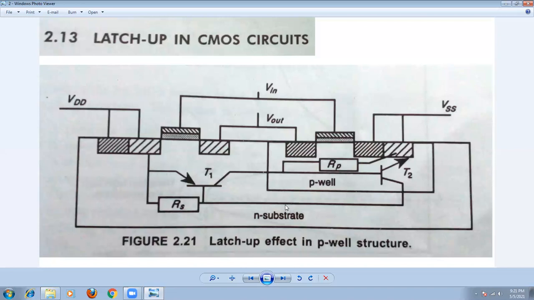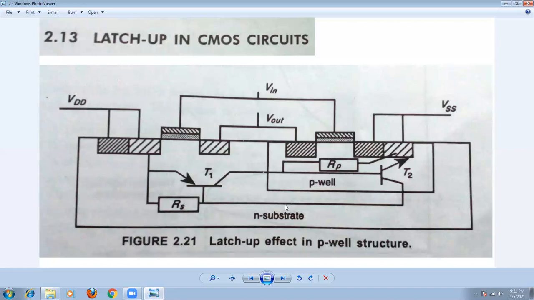When the two transistors conduct, there exists a low resistance path between the VDD and VSS line. This type of path is known as the latch-up condition in the CMOS structure, and this latch-up is undesirable. That is the main important thing.